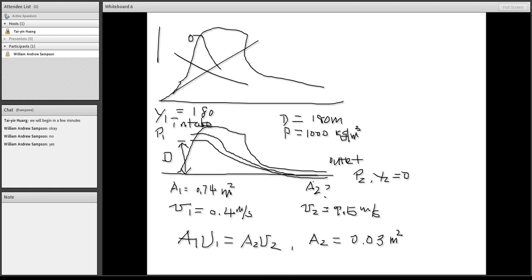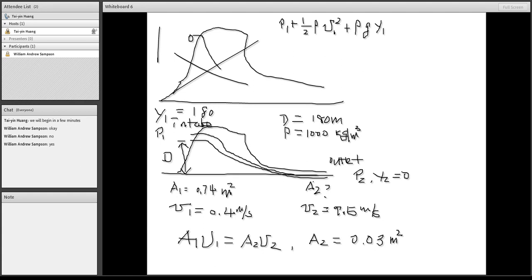Okay. So if we do this, let me just write it here. You have your P1, plus 1/2 the density of the fluid times the velocity V1 square, plus the rho g h, so you have your rho, your g, and your Y1 here.